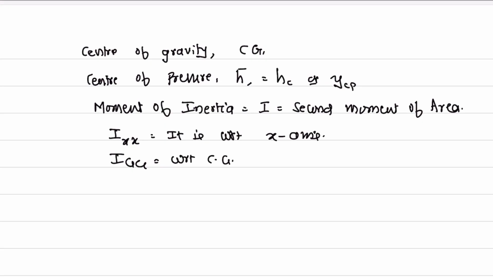We are interested in finding it with respect to the center of gravity, and to find ICG, we use the parallel axis theorem. This is used for calculating the moment of inertia about the center of gravity.